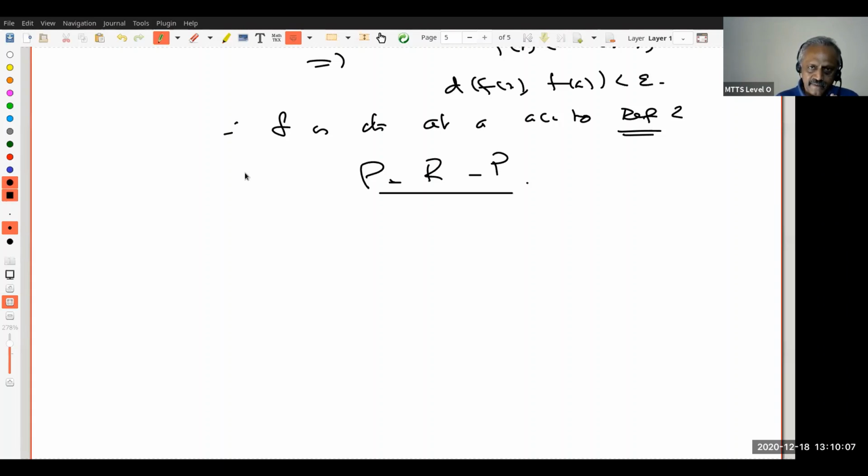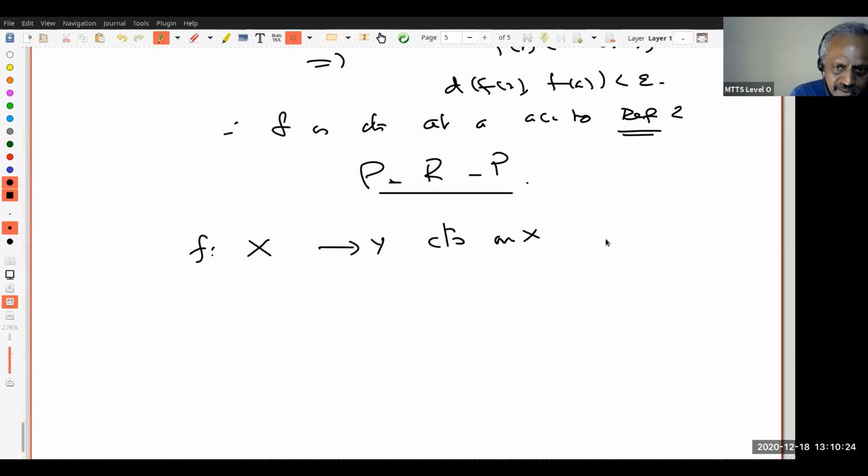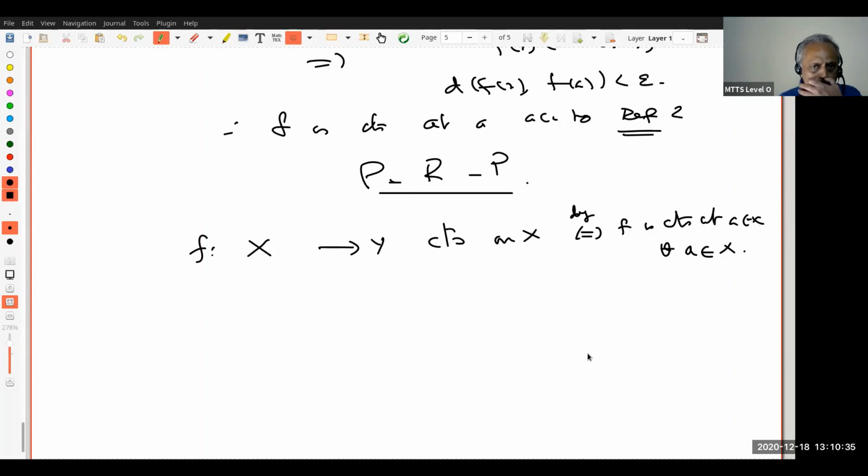So far, we looked at only continuity at a point. But we already know what is meant by continuous. Now, our next goal is something else. Suppose f from X to Y is continuous on X. By definition, this is the same as saying f is continuous at a in X for every a in X. We already made this in our first or second lecture.